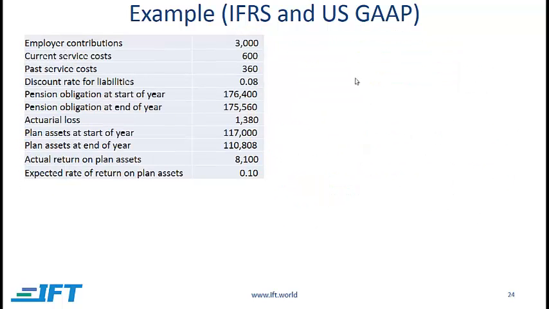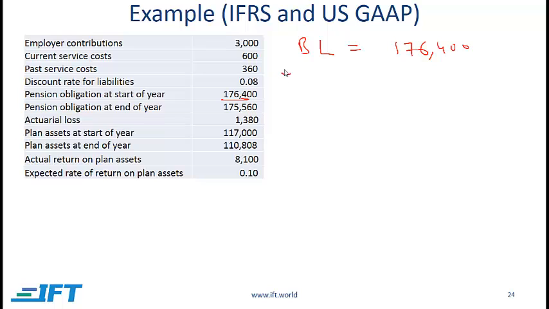Now I'll help you with the first question, which is what was the benefit paid by the company during this year. To do this, you can either take a liability approach or an asset approach. So let's say that the beginning pension liability is shown right here. So that's this number, 176,400. Then what are the various items that will take you from here to the ending liability?